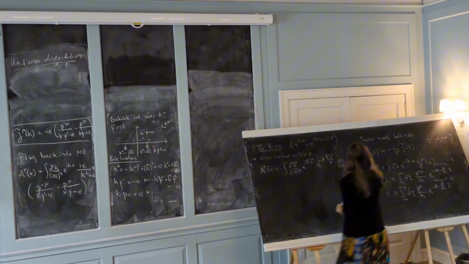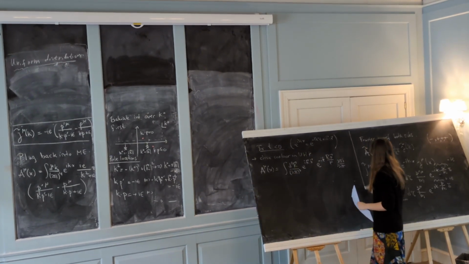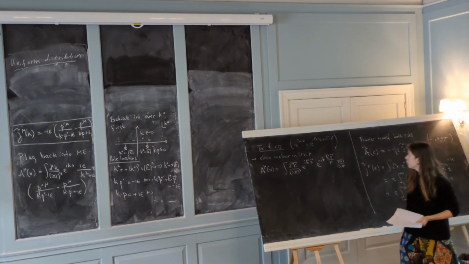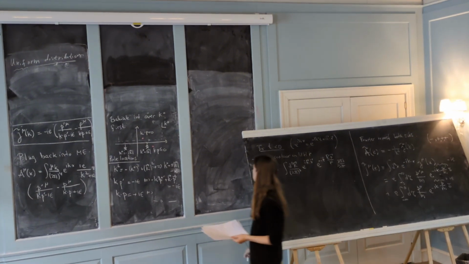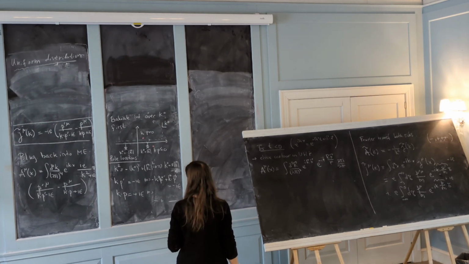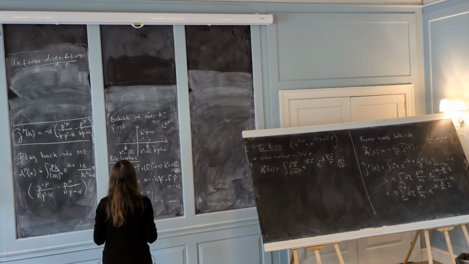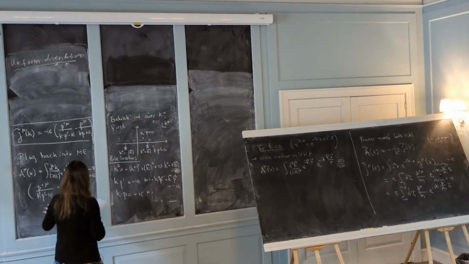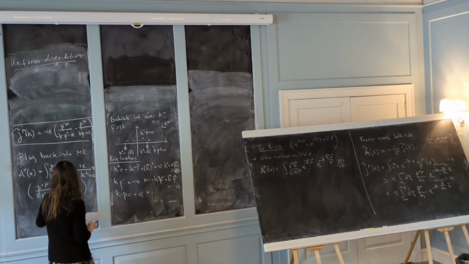Didn't you also say that k dot p prime should be in the upper plane and k dot p in the lower plane? Like if you see the equation, if you divide by minus p prime plus I epsilon over p prime. No, I think you are right, yeah. So k, this is plus I epsilon.